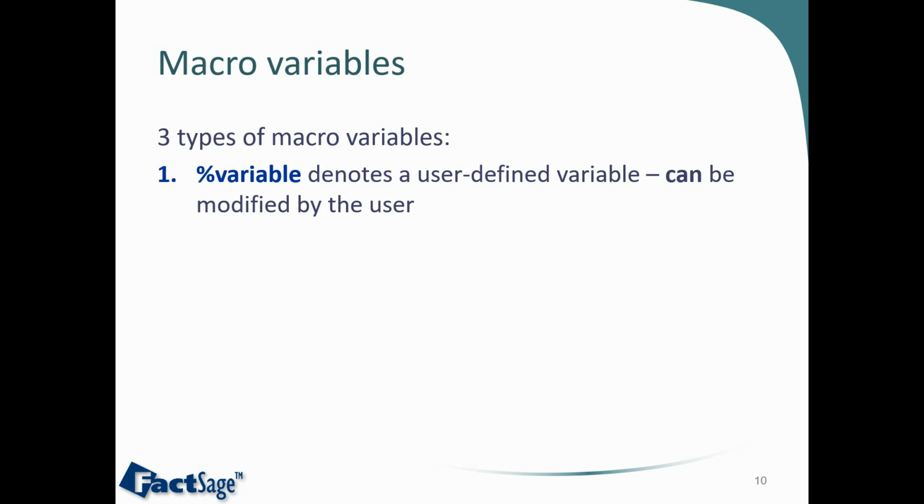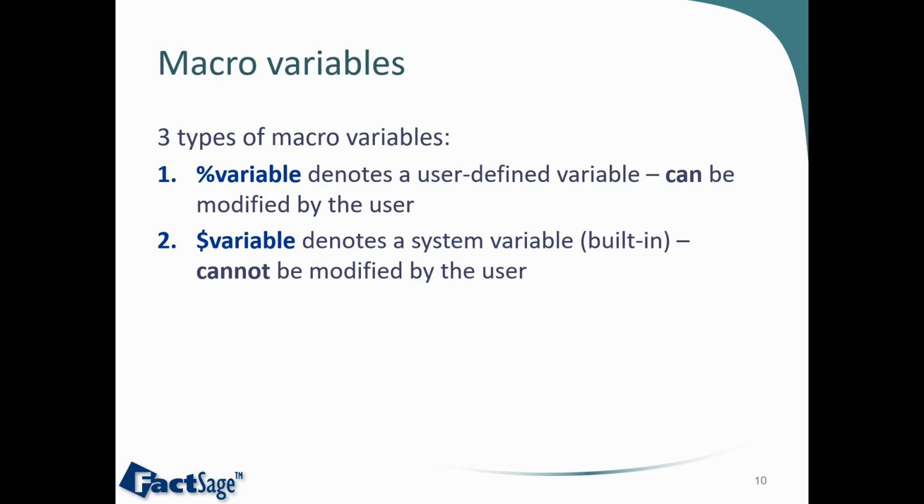The variable is created by the user and its value can be modified by the user. The second type is a system variable, which is denoted by the symbol $ at the beginning of the name. This type of variable cannot be created or modified by the user. Only its value can be accessed.